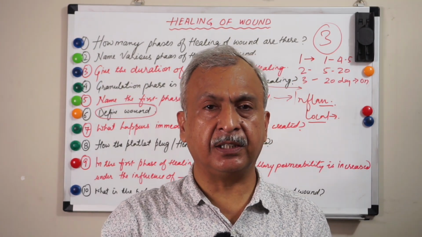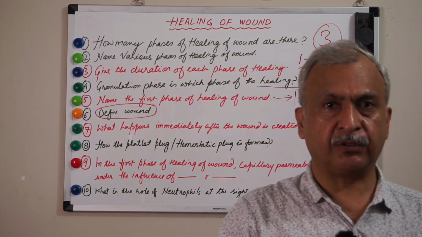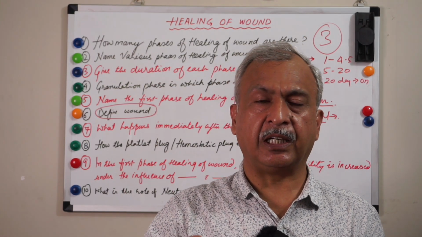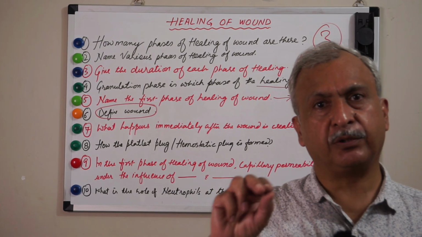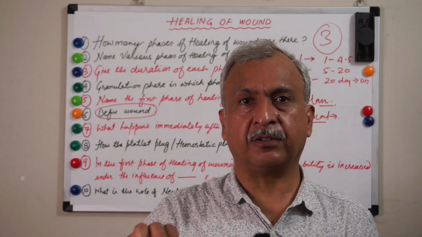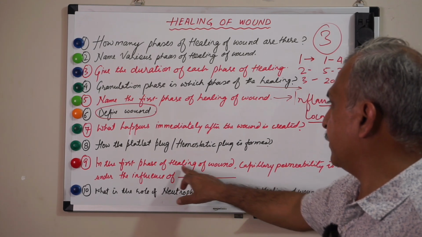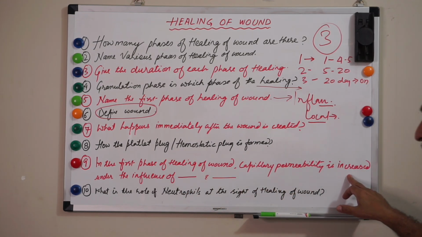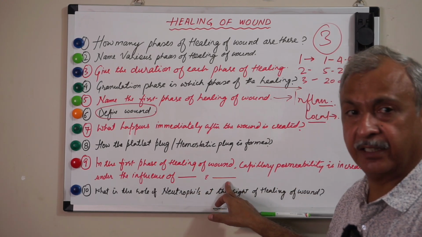Along with that, these platelets produce histamine that causes vasoconstriction. So vasoconstriction along with the platelet plug formation produce hemostasis at the site of the wound. In the first phase of healing of wound, capillary permeability is increased under the influence of serotonin and the prostaglandins.